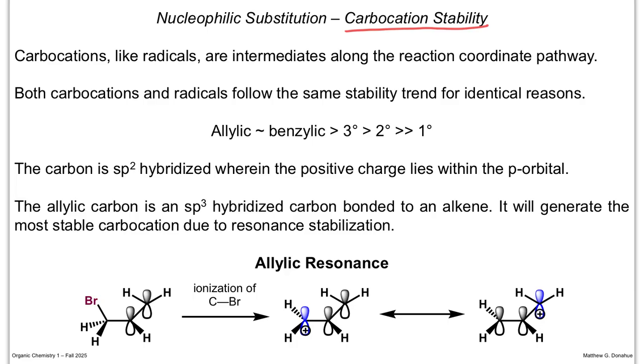So we're going from sp3 to sp2 hybridization. So that positive charge lies in the p orbital. And the reason that tertiaries are the most stable is because you have stabilization of that empty p orbital by what's bonded to the sp2 hybridized carbon.